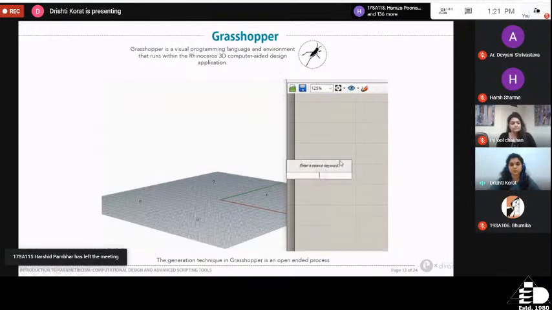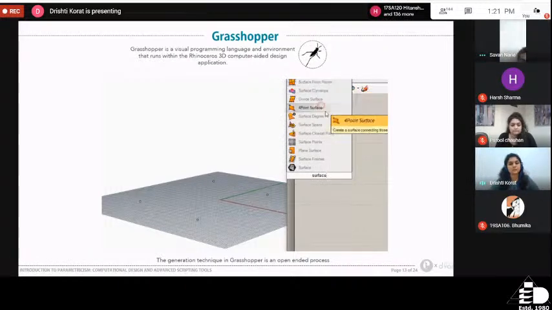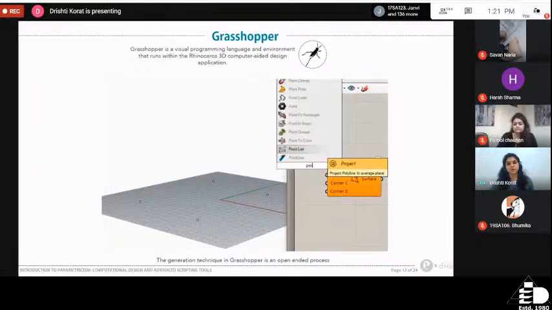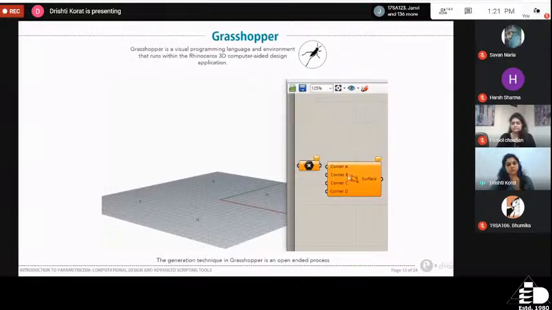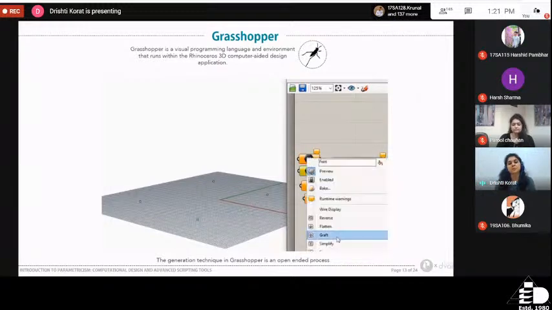Here, you see there's a shift in our workflow. We have the same 4 points. For example, I have these 4 points in Rhino, and I want to bring them to Grasshopper. On the right, there's this box which says corner A, B, C, that's basically a component to make a surface.